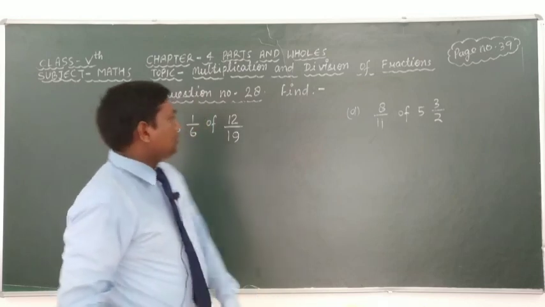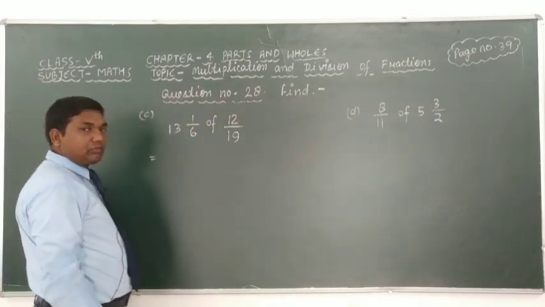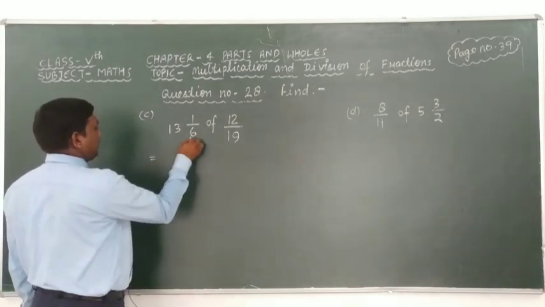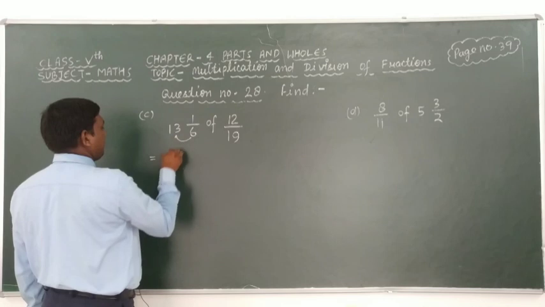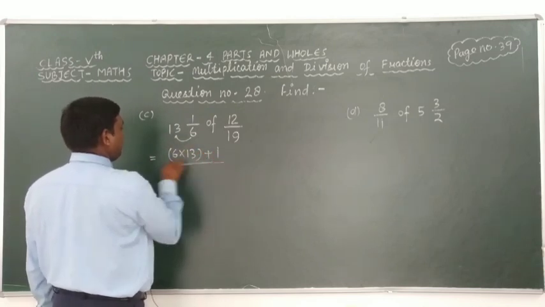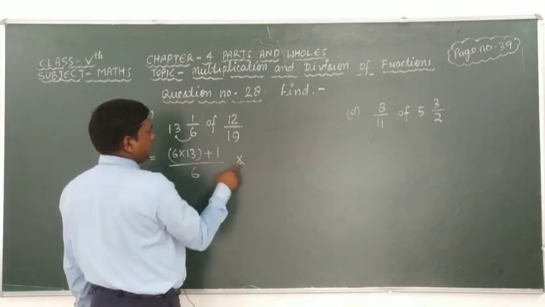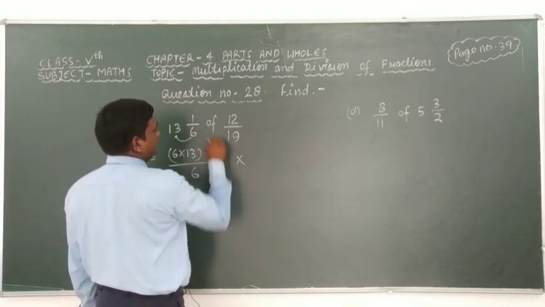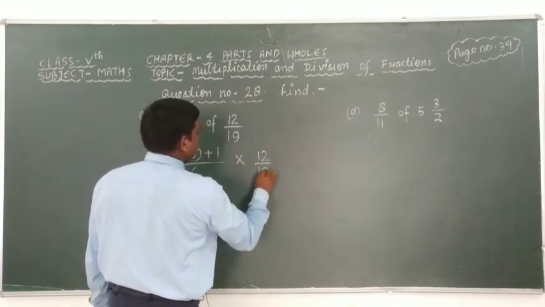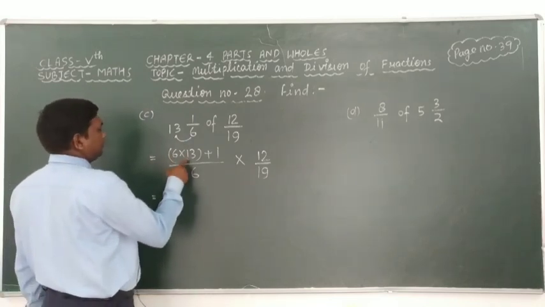Okay students, look here carefully. Firstly, we have to change the given mixed fraction into an improper fraction. Here we take the multiplication of 6 by 13 and add 1 over 6, multiplied by, taking the multiply sign in place of this 'of', 12 over 19.